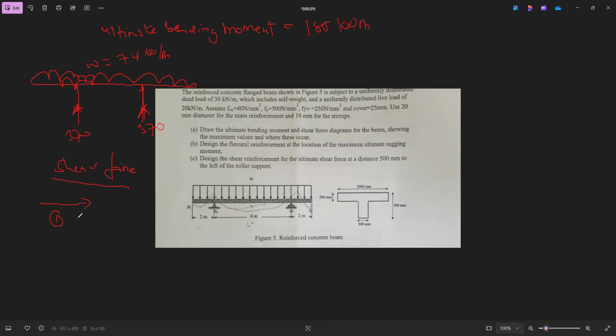First, excluding the force or load at the point. Second, including the load at the points. So very quickly, let's move on.